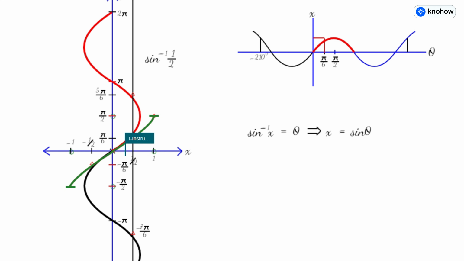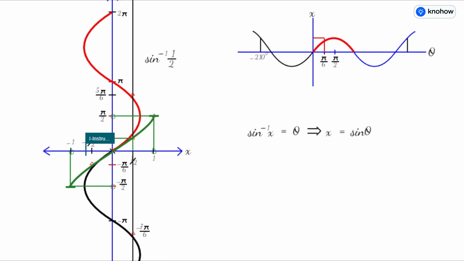Do you find that to each value of x, there is a unique angle? Say for example, for sine inverse half, you have only pi by 6. For sine inverse 1, you have pi by 2. For sine inverse negative 1, you have negative pi by 2. So to each x, there corresponds a unique angle.